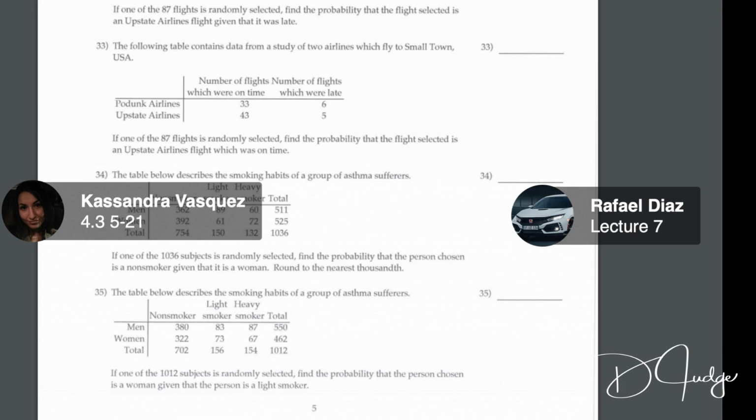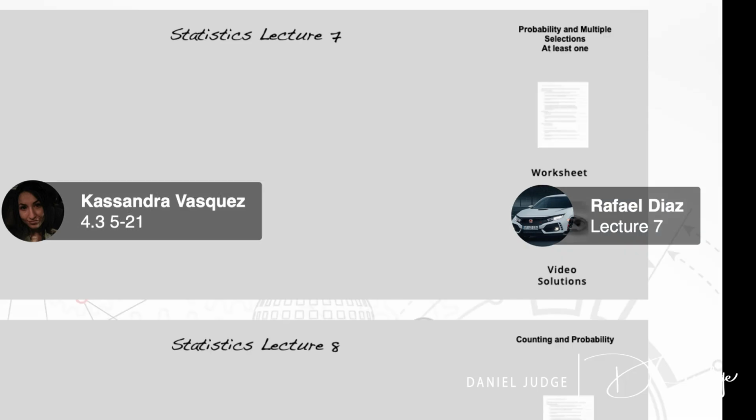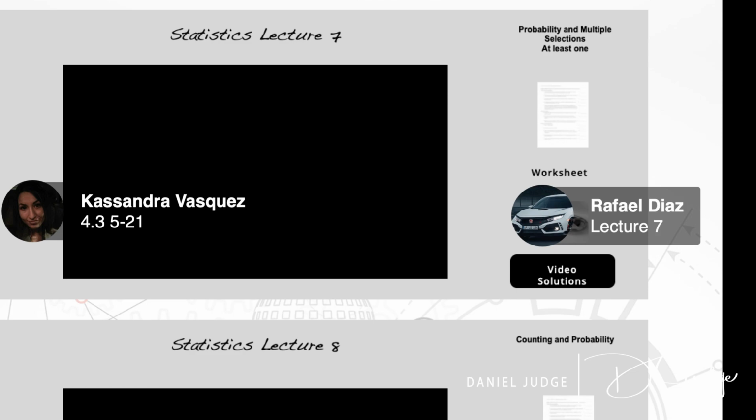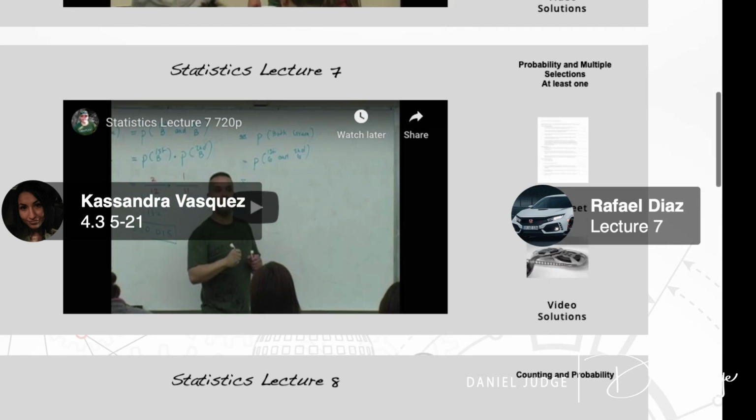And again, if you guys remember, if you ever have a question here with this worksheet, go back to the corner down here. I know it's going to take some time to reload, but go back to the corner here. There's the video solutions for the odds. And up here, Statistics Lecture 6, we had conditional probability worksheet.